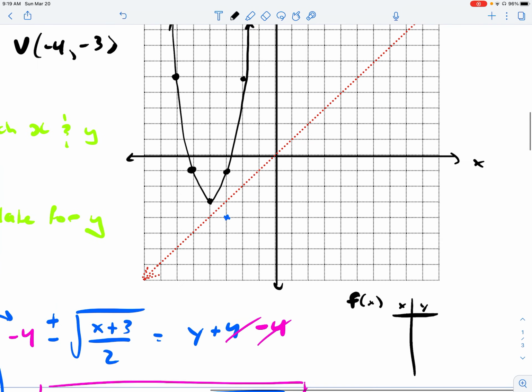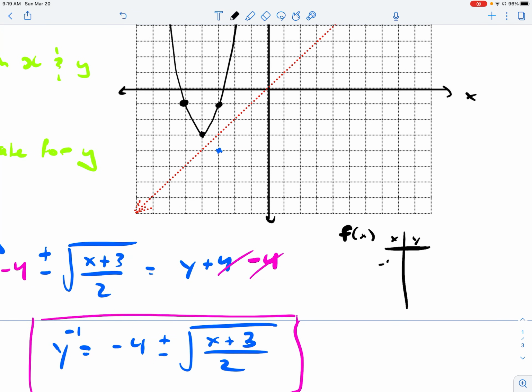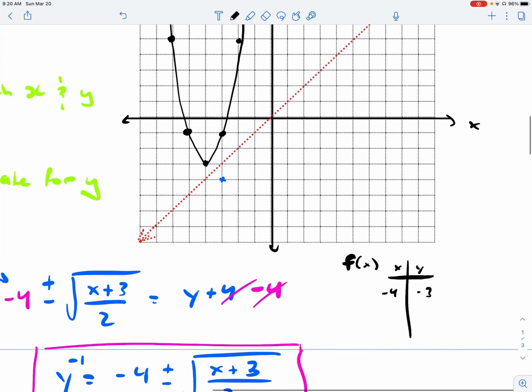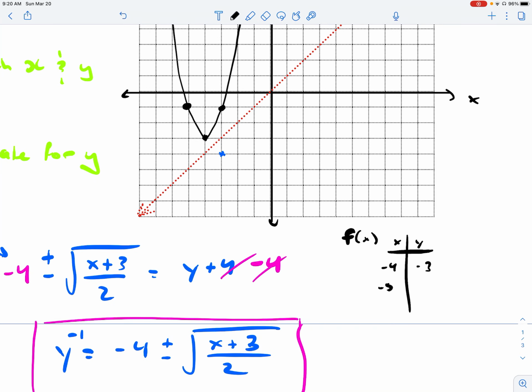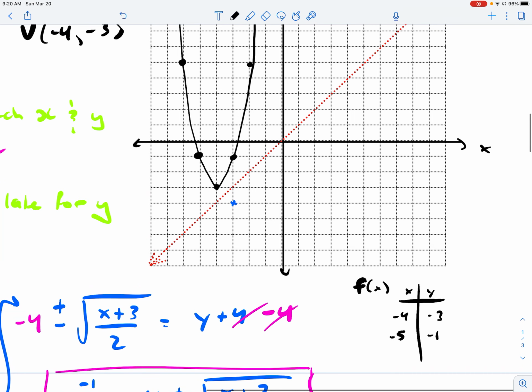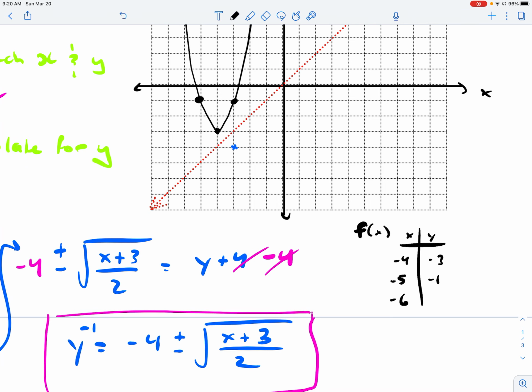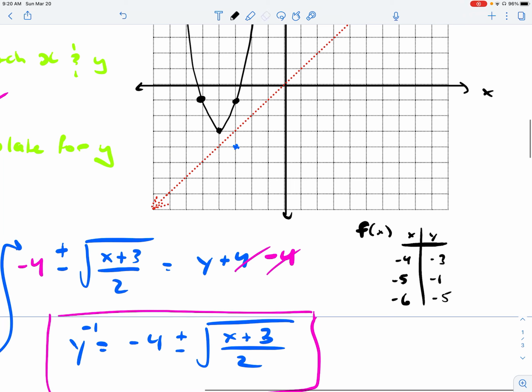you can just look at your graph and pull the points from it. So -4, -3. Then the next one was -5, -1. And then we had -6, and that was at a height of 5, I believe. Yeah, -6, 5, or +5, sorry.